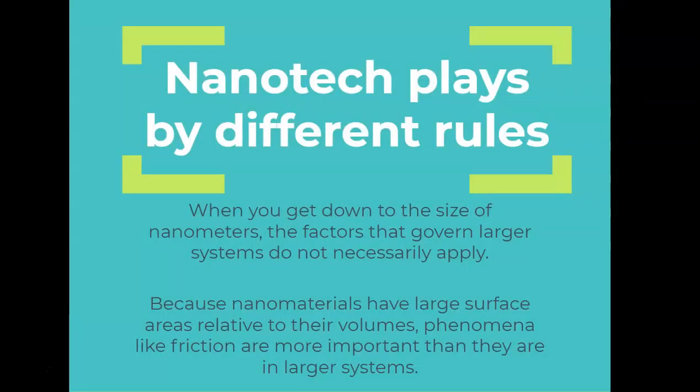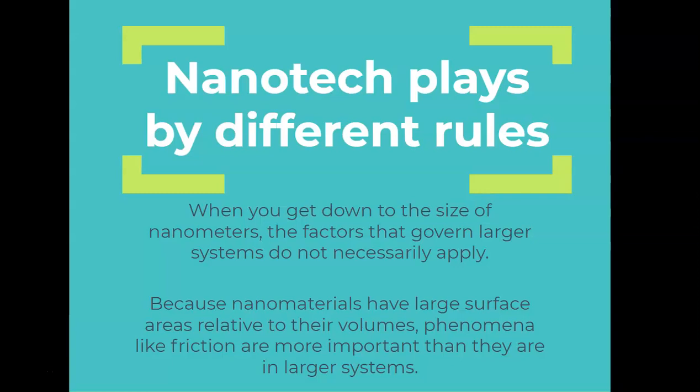It's important to realize that when you get to that small of a scale, things start to act differently. They have kind of different properties than they do when we get to the macroscopic scale of things that we can see. Because they're so small, they have a ginormous surface area relative to their volume.